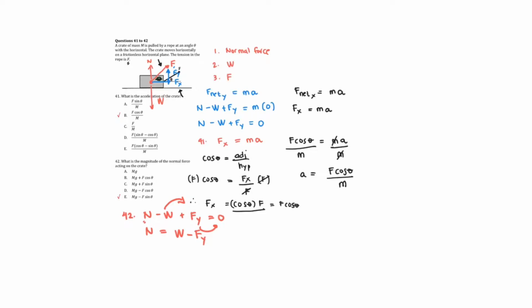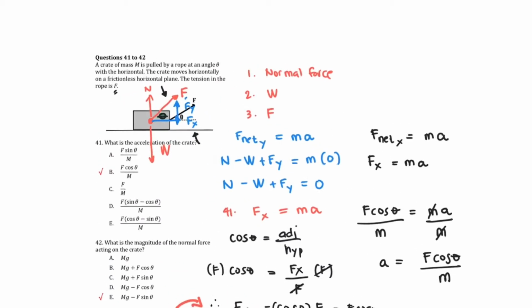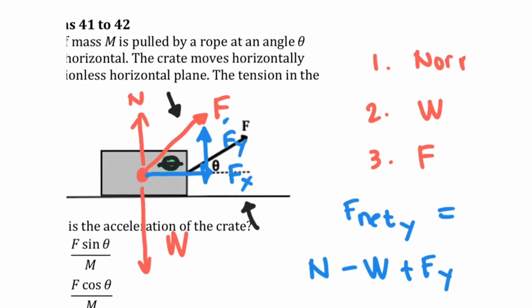Now I am going to expand W and Fy. So weight is just equal to the mass of the object multiplied by the acceleration due to gravity, and the y component of the tension F is just equal to, so let's look at this figure once again.